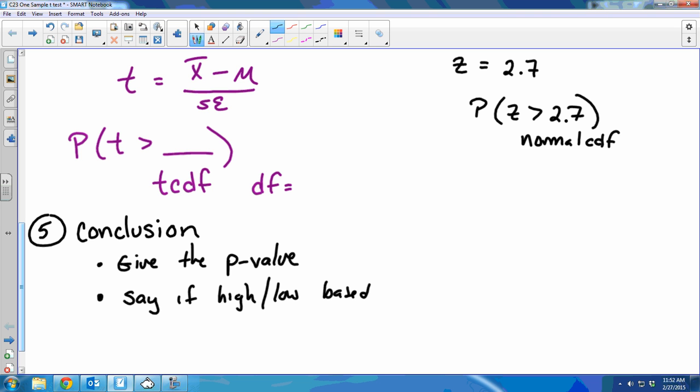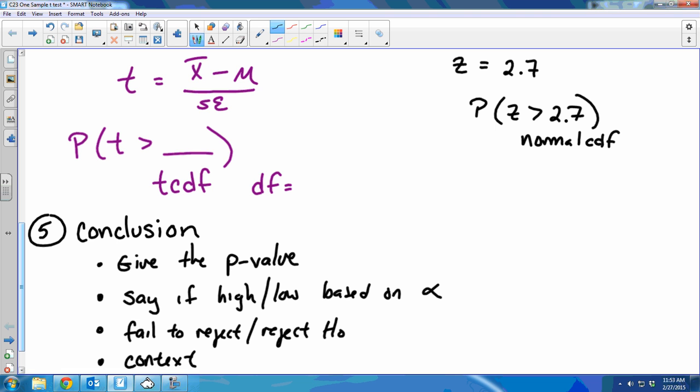It's high compared to what? If they don't give you an alpha, then say alpha equals 0.05. It has to be higher than something or lower than something to be high or low. So give that basis of comparison. Then you should fail to reject or reject the null hypothesis. And then you should give context.